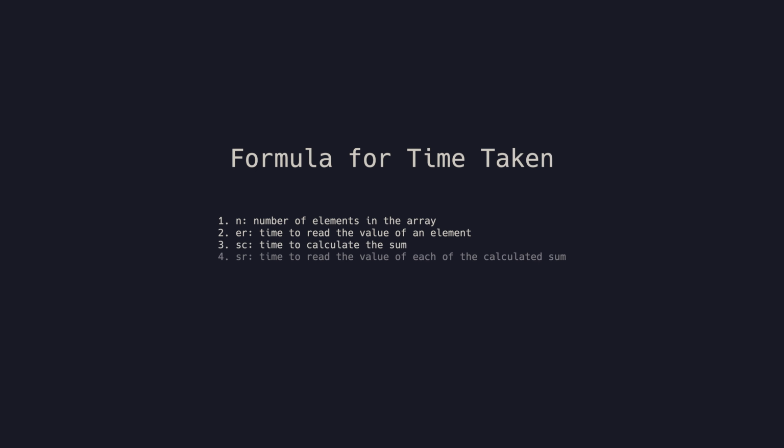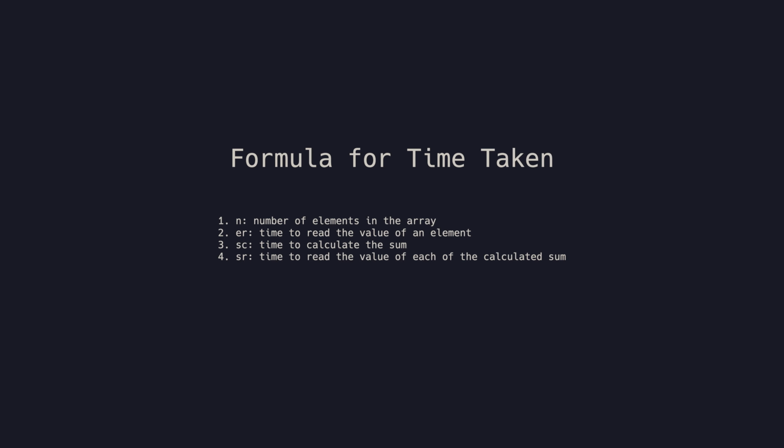For building the formula for the time taken by this algorithm, let n be the number of elements in the array, er be the time to read the value of an element, sc be the time to calculate a single sum, and finally sr be the time to read each of the calculated sums.